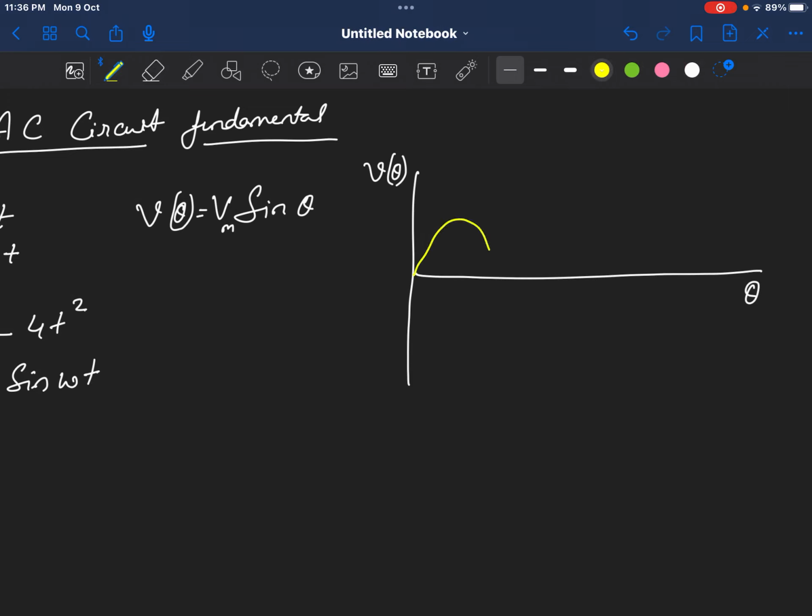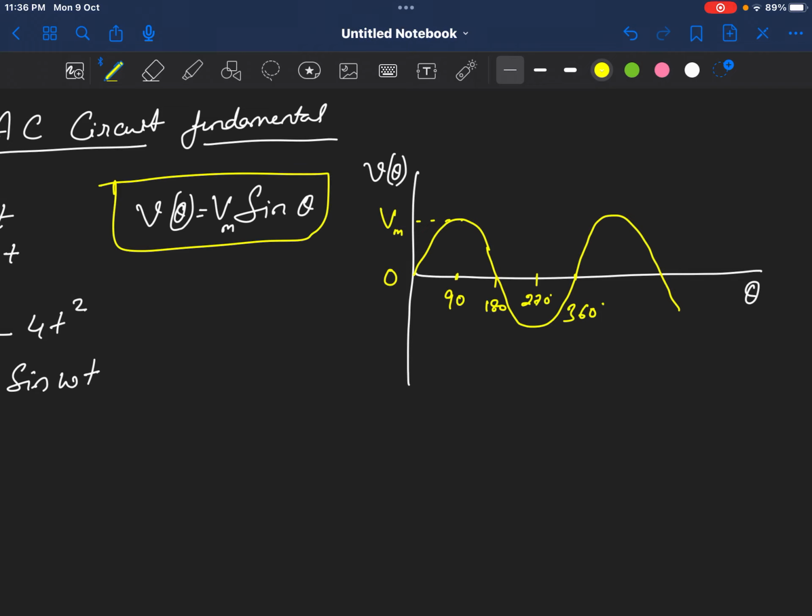It would look like a sine wave, starting from 0, and at one time period this will be 360 degrees. Here it is 270 degrees. This one is 180, this one is 90 and like that. And the peak value is the Vm. This is what this equation represents.